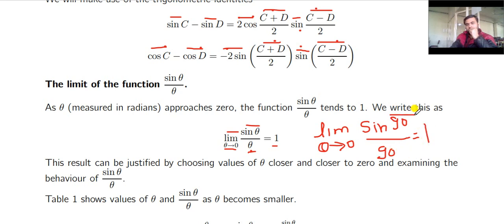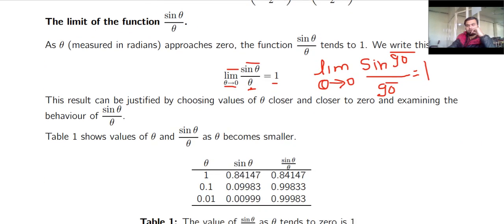So the angle may be 180, 270 or anything. This is the important formula which is used when we find the differentiation of sin x and cos x by first principle.